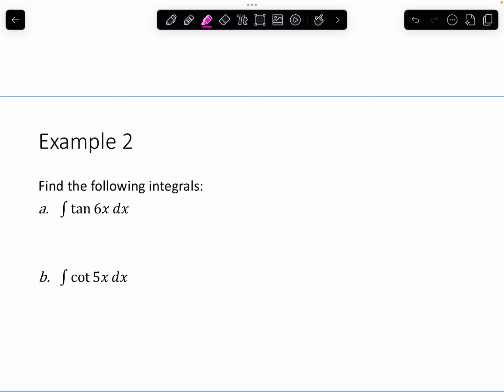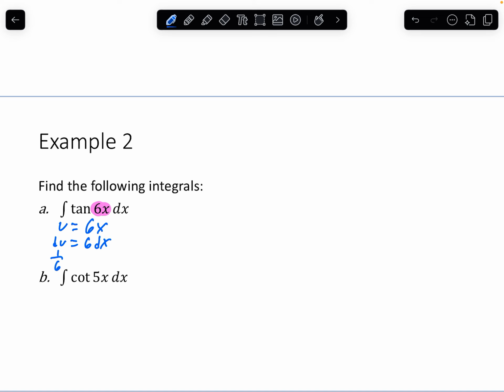This first one, the integral of the tangent of 6x dx. Due to that number being multiplied by the x, the 6x is going to be the u for this one. So u is 6x, and the derivative of u is 6 dx. There's no 6 outside of the function, so we're going to divide by that 6.